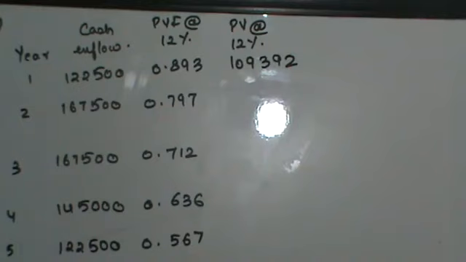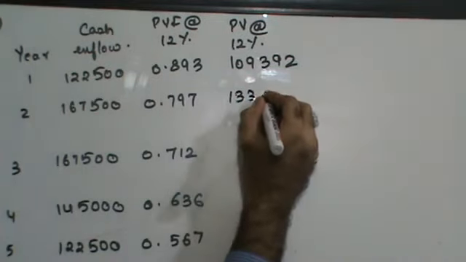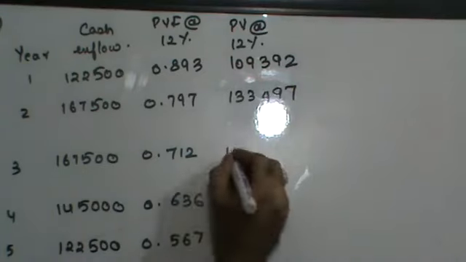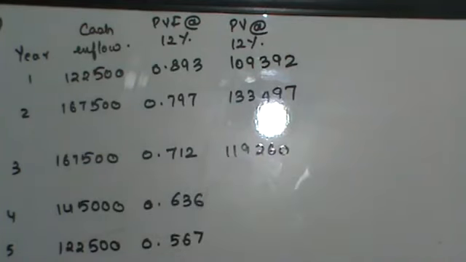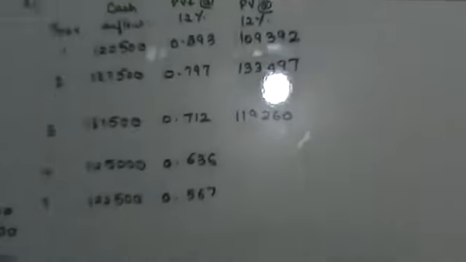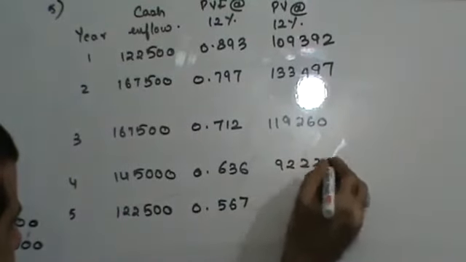Similarly, 1,67,500 into 0.797 will give you 1,33,497. 1,67,500 into 0.712 will give you 1,19,260. 1,45,000 into 0.636 is 92,220.